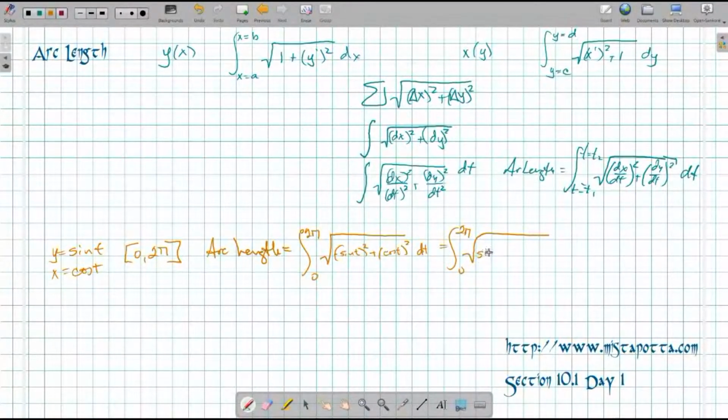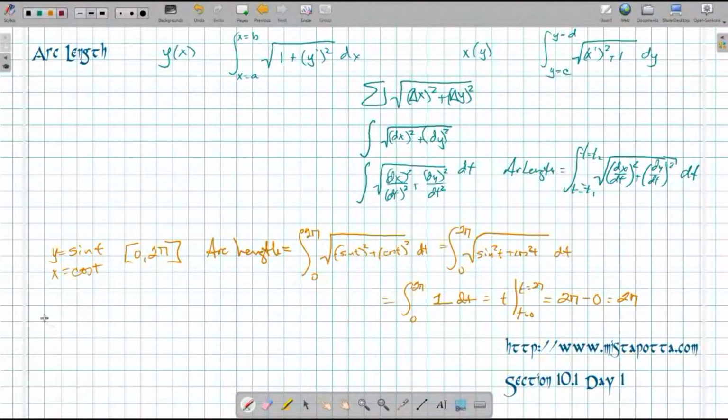So I'm looking at the integral from 0 to 2 pi of the square root of sine squared t plus cosine squared t dt. And that's a really nice identity because that's just the integral from 0 to 2 pi of 1 dt. And so the integral of 1 dt would be t evaluated from t equals 0 to t equals 2 pi, which gives me 2 pi minus 0, or 2 pi.